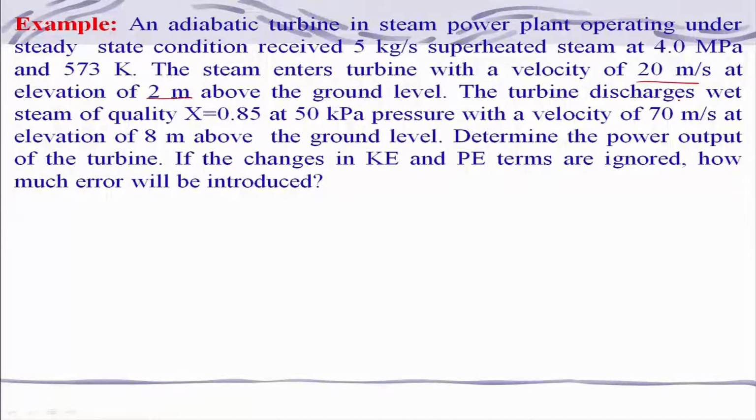The turbine discharges wet steam of quality x equal to 0.5 at 50 kilopascal pressure with a velocity of 70 meter per second at an elevation of 8 meter above the ground level.